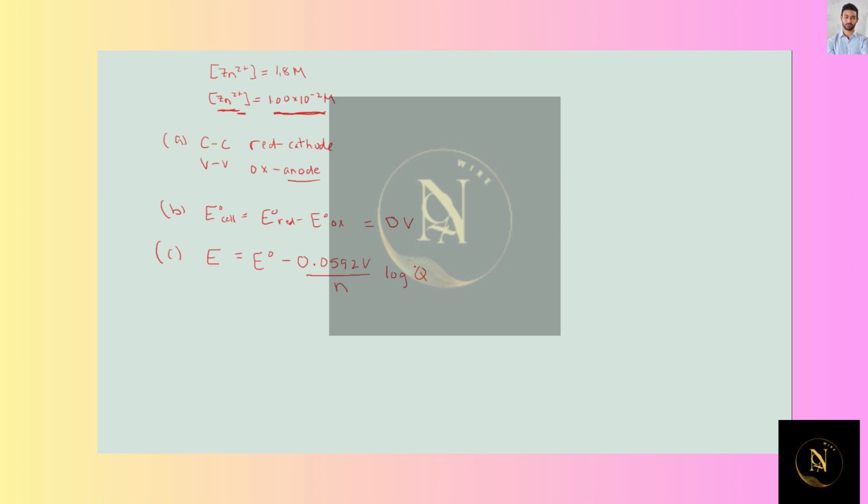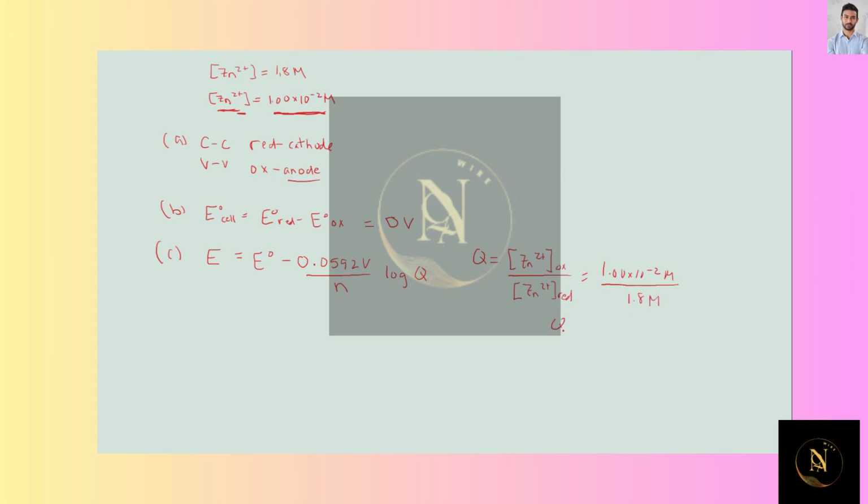So let's see. My Q is equal to the concentration of Zn2+ for the oxidation half reaction over the Zn2+ for the reduction half reaction, which is equal to 1 times 10 to the negative 2 molar over 1.8 molar.